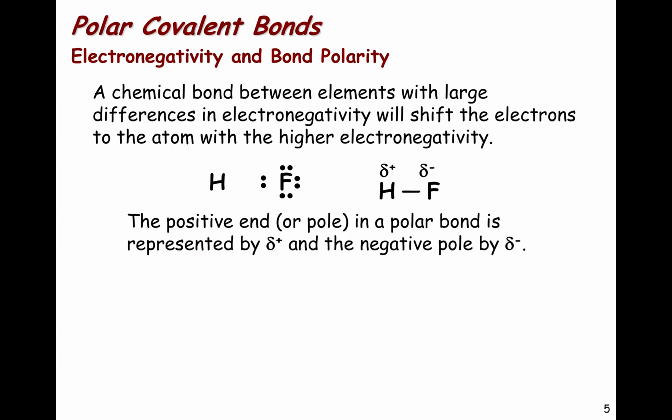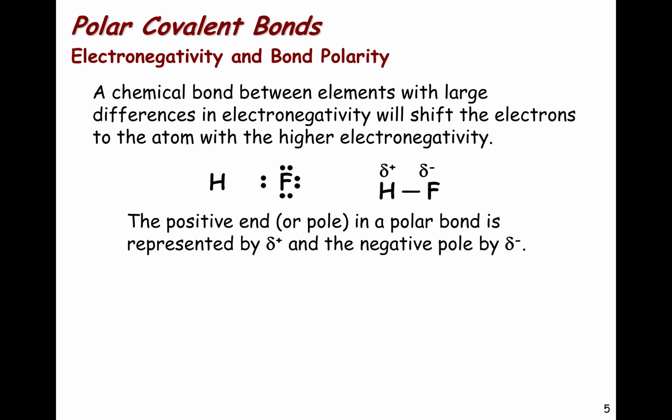In the case of a chemical bond between hydrogen and fluorine, the difference in electronegativity results in the drawing of electrons towards the fluorine, giving the fluorine atom a partial negative charge. It's not a full-blown 1- charge, but then there's the corresponding partial positive charge.